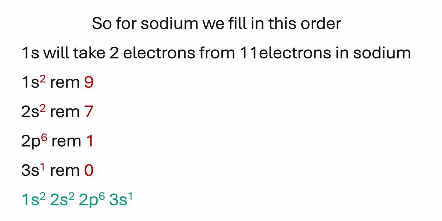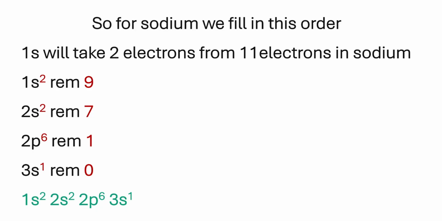On to the next one, which is the 2p energy level. The 2p has p, alright? So it's going to take 6 electrons from the available 7. I hope it's making sense. So now, at the end of the day, we have 1 electron left. That 1 electron is going to be taken by the 3s energy level, making it 3s1.